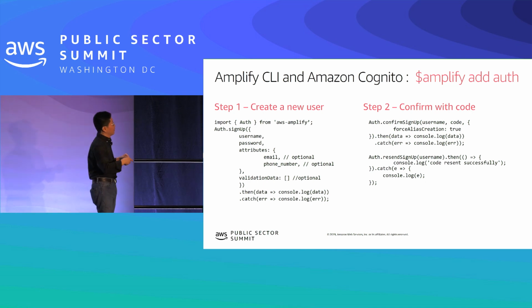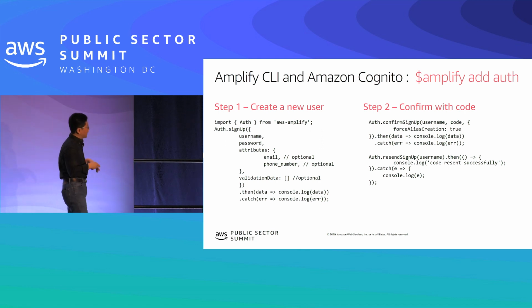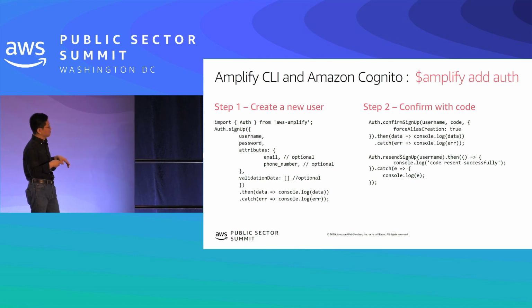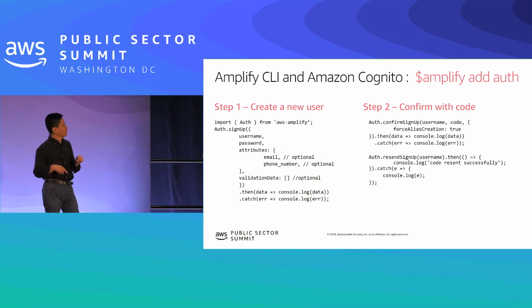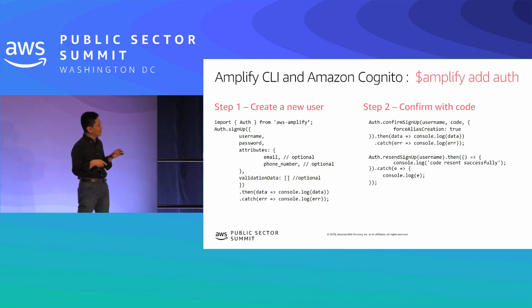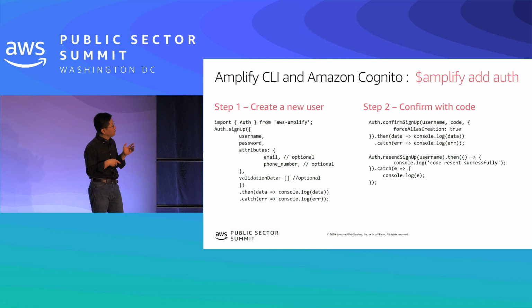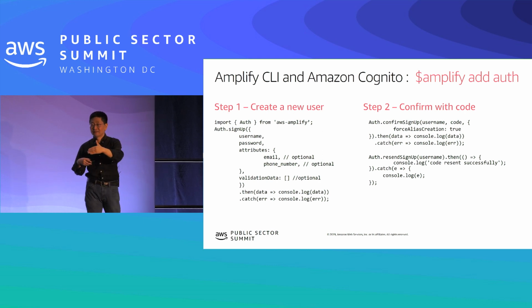And from the front end, you just import the auth module from the Amplify library. For the sign up, it's straightforward. You just push the username or the attributes to the backend. Then you can confirm the sign up based upon the code the user inputs.